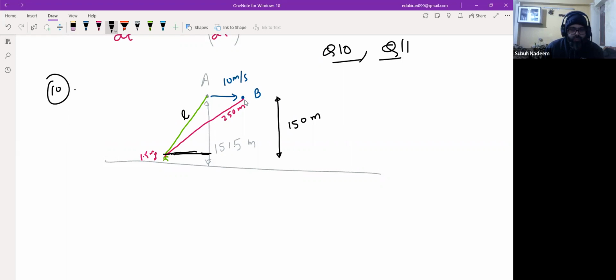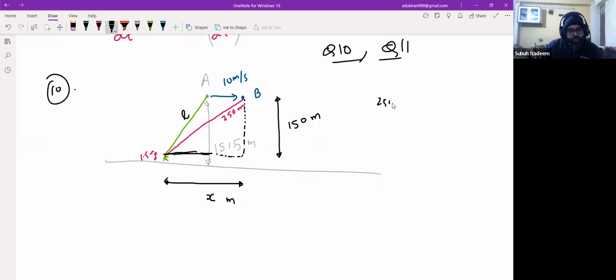And if you draw a diagram, this is a right angle triangle here. So at any moment, this length is x. That is the horizontal distance of the kite from the boy, x meter. And the vertical distance from the boy to the kite is 150 meter.